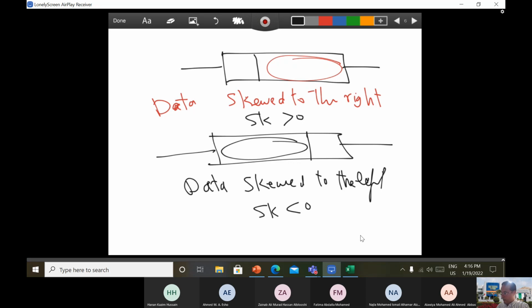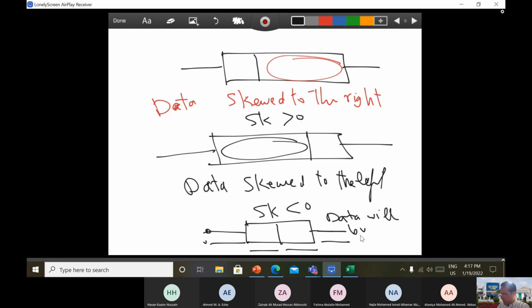Now, if the line is in the middle and the length is exactly the same on both sides, the data will be symmetric. It's not skewed, right? So this is the point: you can compare two different data sets by representing the box plot for both of them.